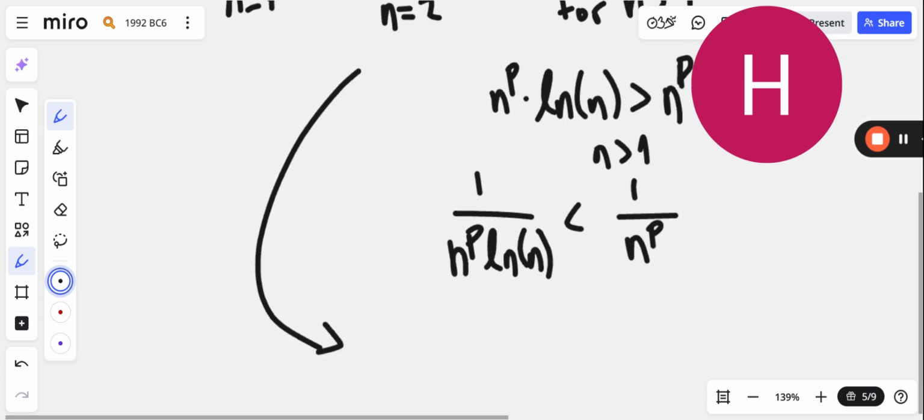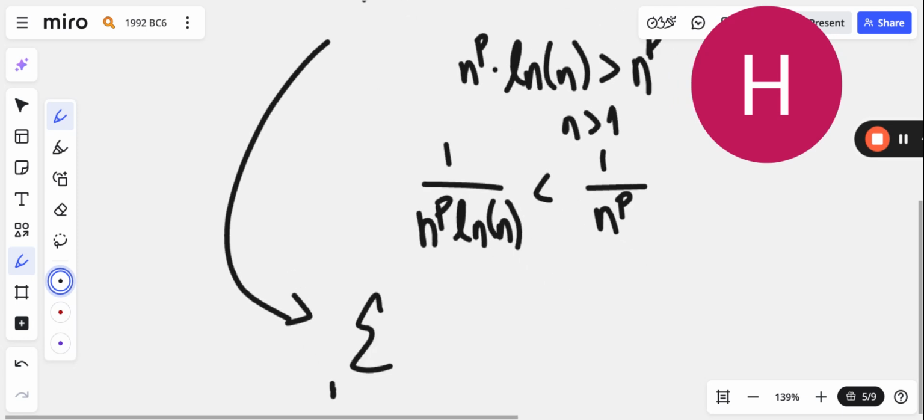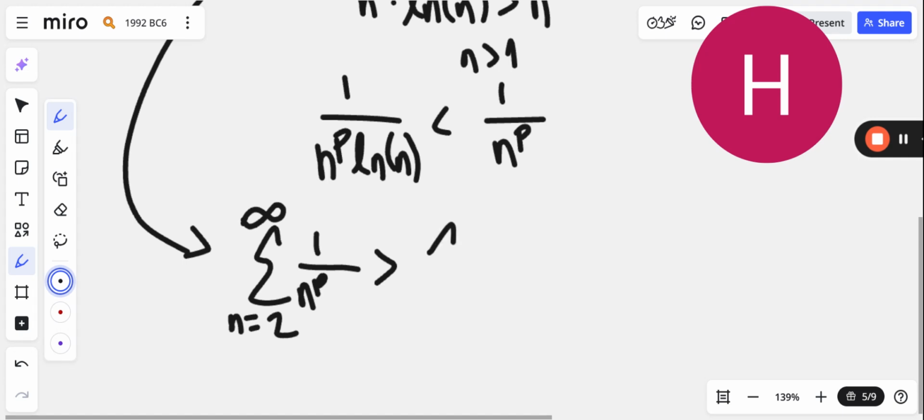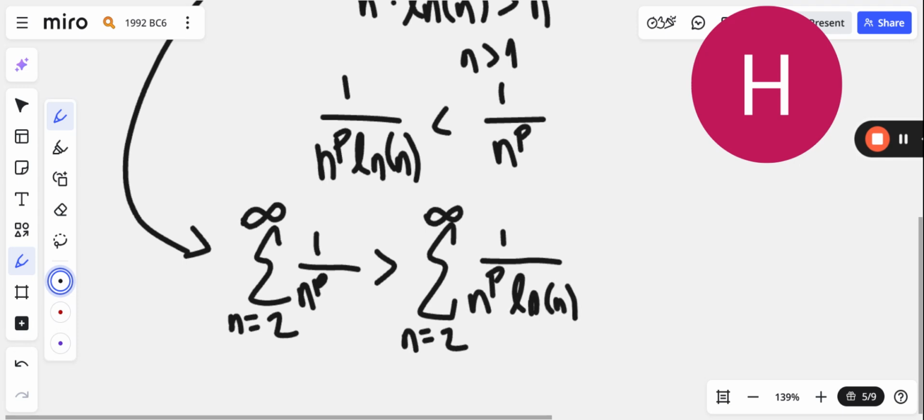And then we can use this to say that means the sum from 2 to infinity of 1 over n to the p is greater than this series that we're really interested in, 1 over n to the p, ln of n, and of course this is with p greater than 1.